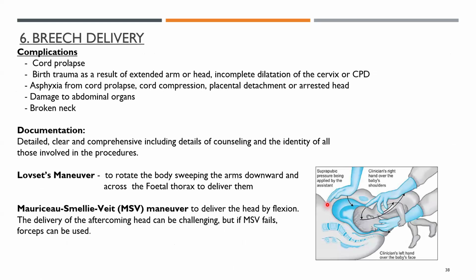There's damage to abdominal organs. They can cause a broken neck. As a result, you're not only putting the fetus at risk, even the mother is at risk. Documentation is very important. As always, have detailed, clear, and comprehensive documentation notes.